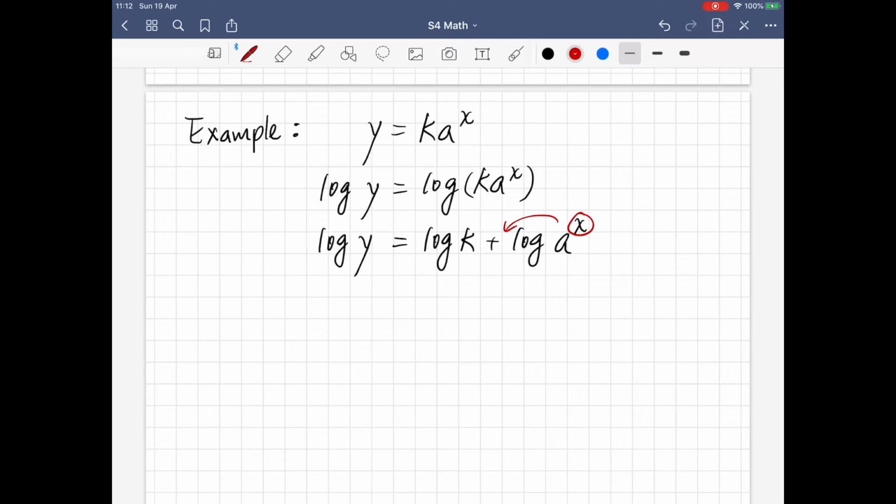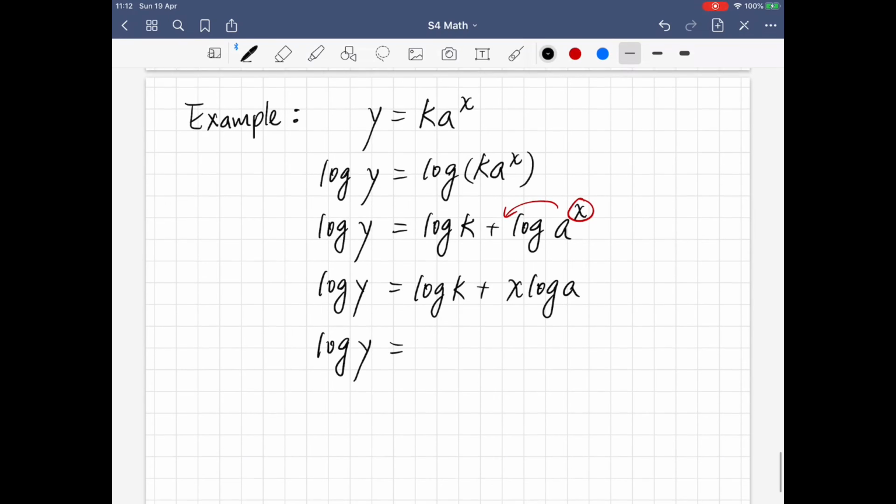And afterwards, the power x can be put in front of the log a. And afterwards, we can change the order to get the answer.